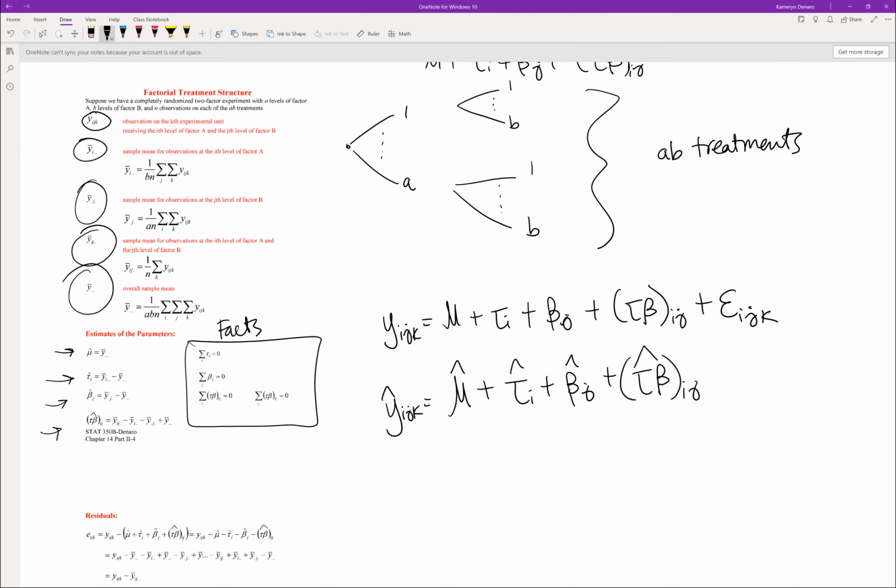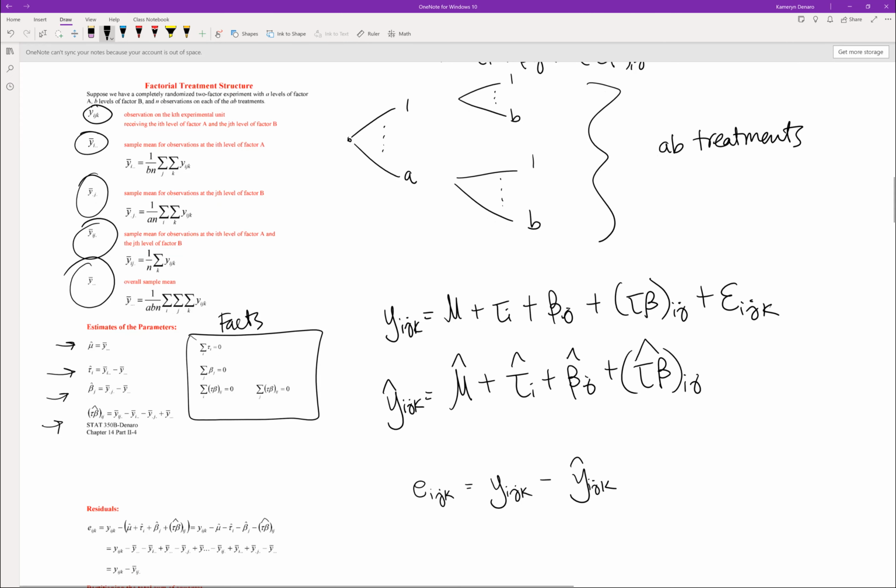And from there, just as always, once we have these estimates, we can calculate the residuals, which are just equal to the observed y's minus the predicted y's.